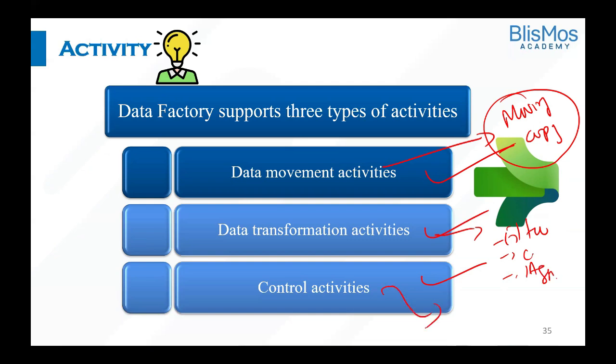Control activities are about access controls, like setting a password, checking the quality of data in some way, restricting data access, data security measures, encryption. All those things can be regarded as control activities.